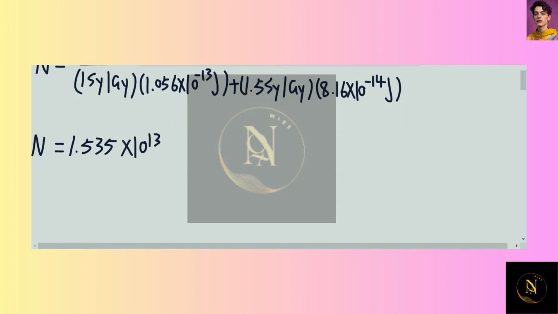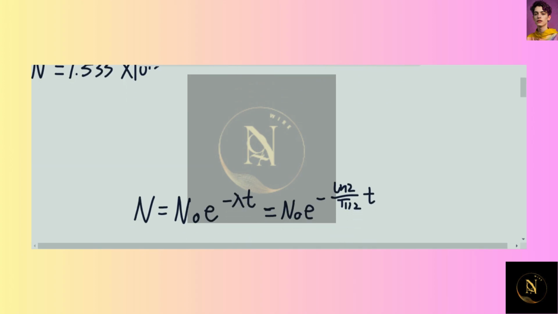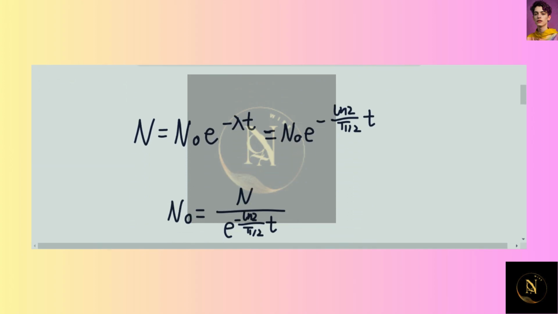So now let's determine the amount of nucleus, in other words, the amount of atoms that is required to be present in each kilogram in this case. So we need to set up such equation here, which is N equal to N0 times e to the power of negative lambda t. And we know lambda is a decay constant, which can be expressed as natural log 2 over T1/2. T1/2 here is the half-life.